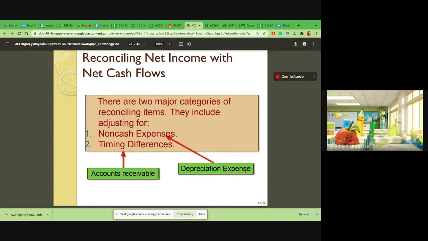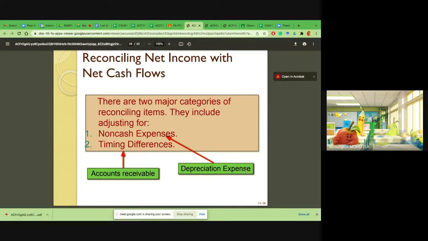If you have a loss on the disposal, that is a non-cash expense. But if you have a gain on the disposal, the gain is a non-cash income. Can you remember that?